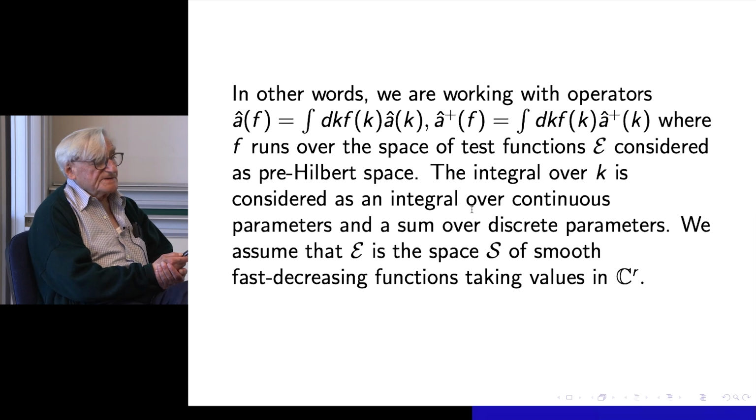But the problem is that when you are dealing with quantum mechanics, then you have a finite number of these operators, a finite number of degrees of freedom. And then there exists one and only one irreducible representation of canonical commutation relations.